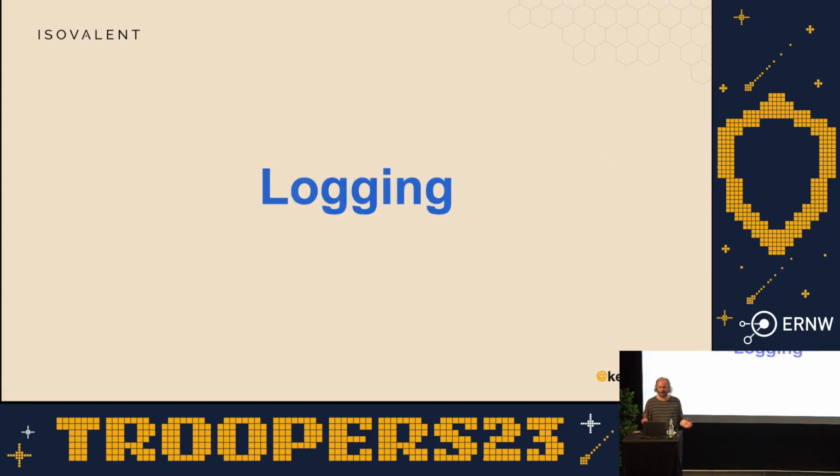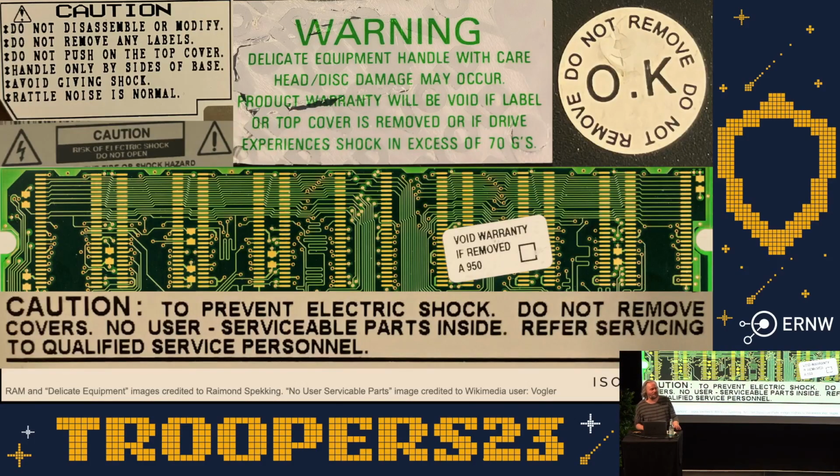So logging. Logging is exciting because, we're on the defense track, and defense is all about seeing what's going on and then doing something about it. But the problem with most logging systems is they don't really want you to look inside the box. Even with open source solutions like K-Audit, which is part of the kernel, which obviously has the user space component auditd, you're pretty limited as to what you can do.